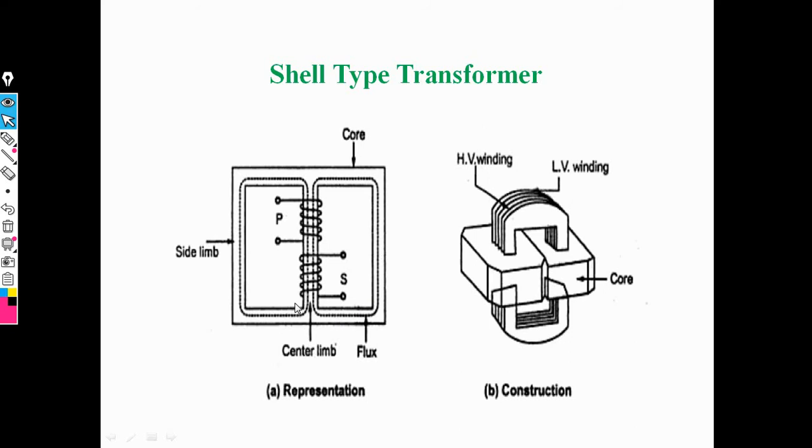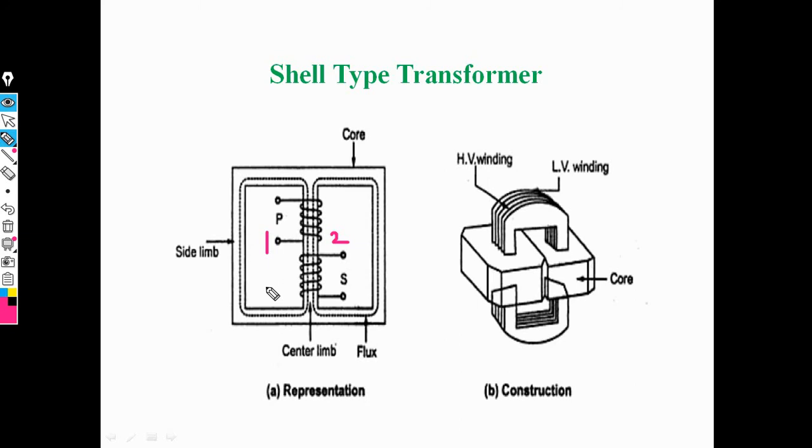And the dotted line indicates flux passing from one circuit to another circuit. There are two circuits here. This is the first circuit and this is the second circuit. This is the magnetic circuit.